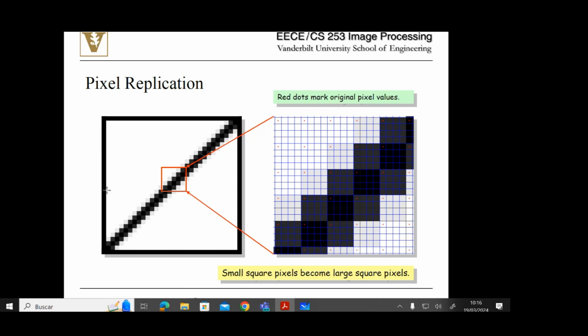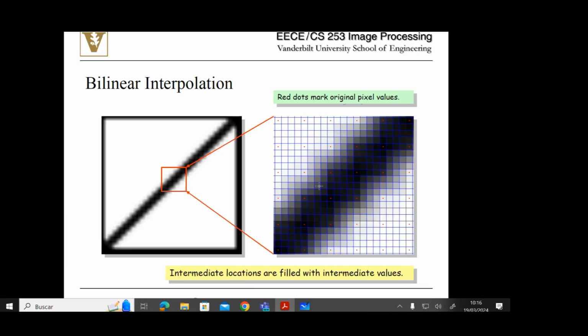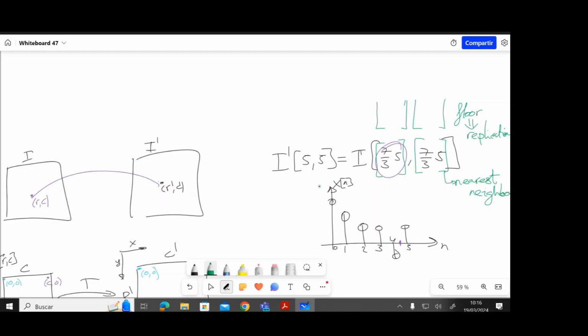Originally we had a thin lash, we make it bigger, and now we have these big pixels, actually these 4 times 4 big pixels. So can we make smooth transitions? And the question is the same as, okay, let's say that we make this bigger, this growing.